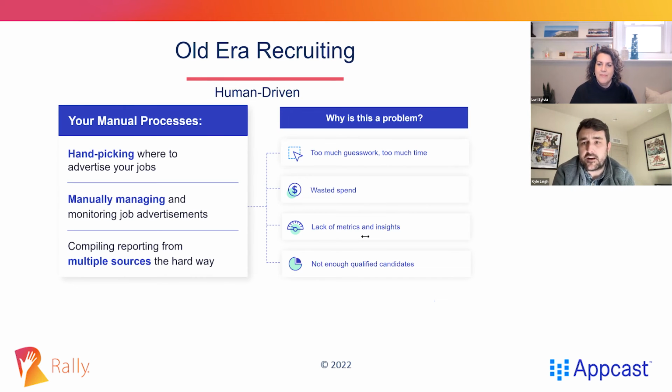Getting an understanding of where quality is coming from is very difficult because you're trying to pull reporting from many disparate sources. You're trying to pull a report from job boards and then try to marry that with what is being reported into the ATS using some pivot table magic, or as I call it, pivot table hell. So it's really, really difficult.